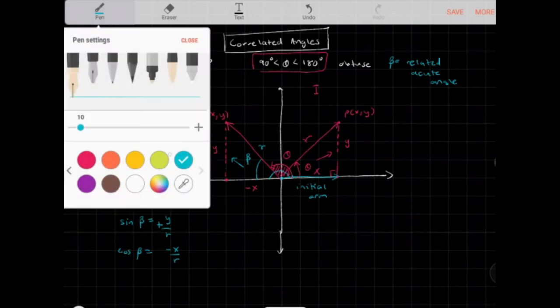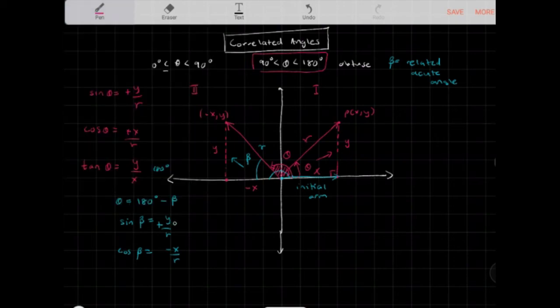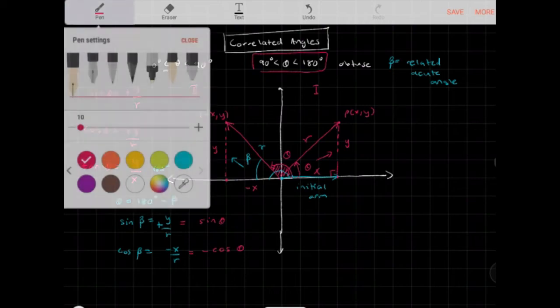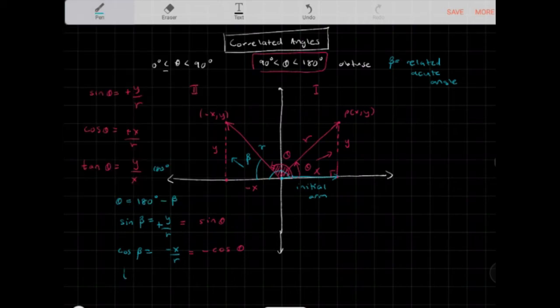So we can notice that the sine ratio of beta is the same as sine theta, but cosine beta is equal to negative cosine theta. And the tan ratio of beta is also equal to negative tan theta. So what does this imply?